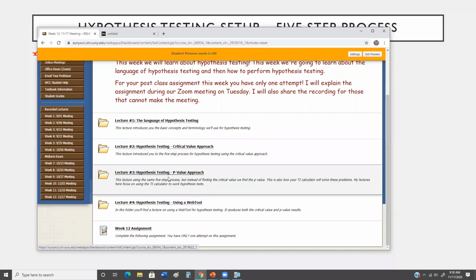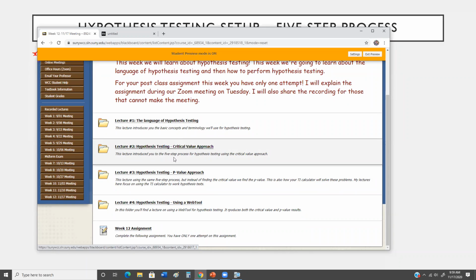Under your week 12 assignment, you're going to use the critical value approach that I talk about in class. When we come back on the 30th, I'm going to do another example of the p-value approach, and going into the final exam, we're going to use the p-value approach. But just for this week, I wanted to stick with the critical value approach.